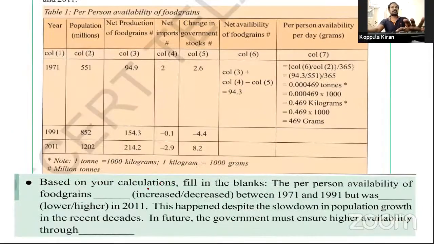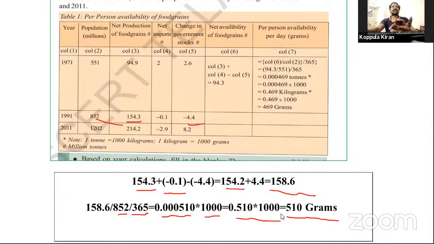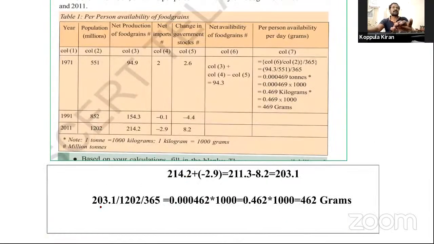So, which is greater, 1971 or 1991? See this back, that is 469. So it is increased. In the same way, 2011. What happened in 2011? See this next slide. In the same manner, we are using the same method here.